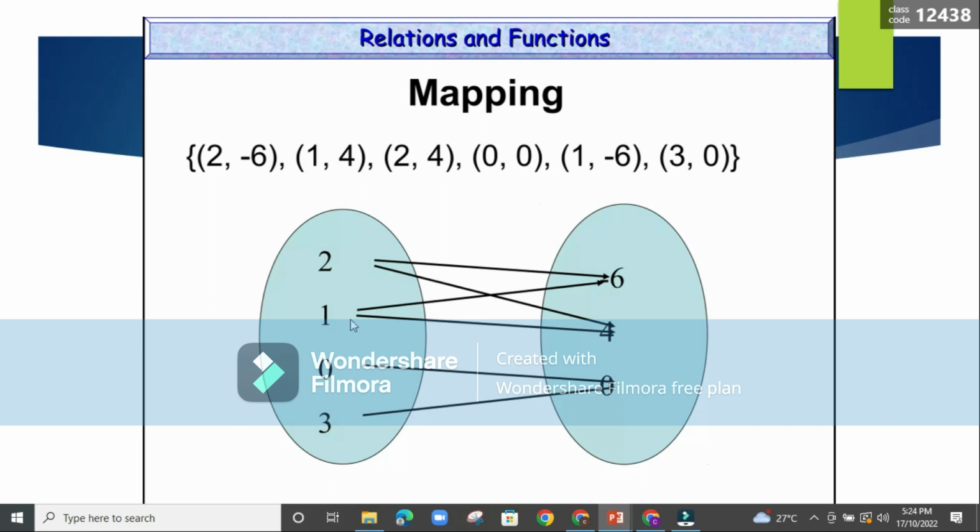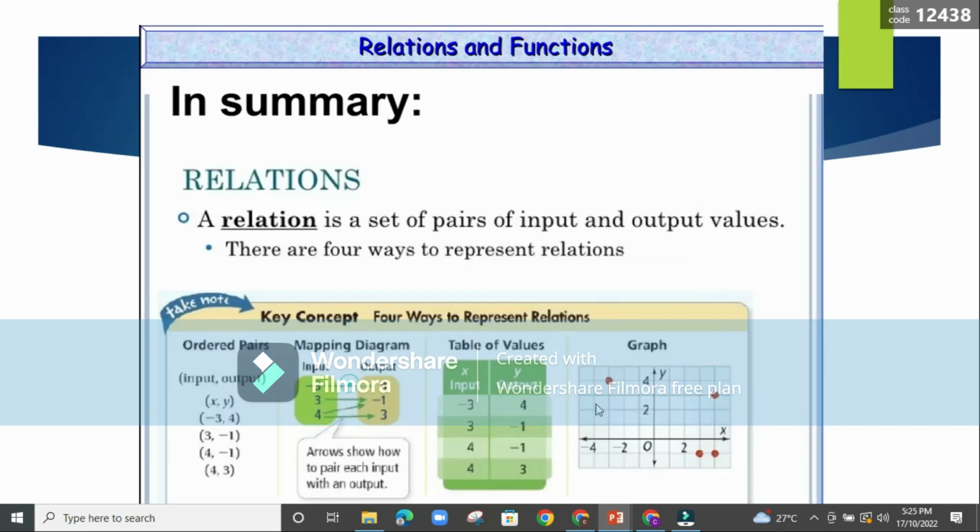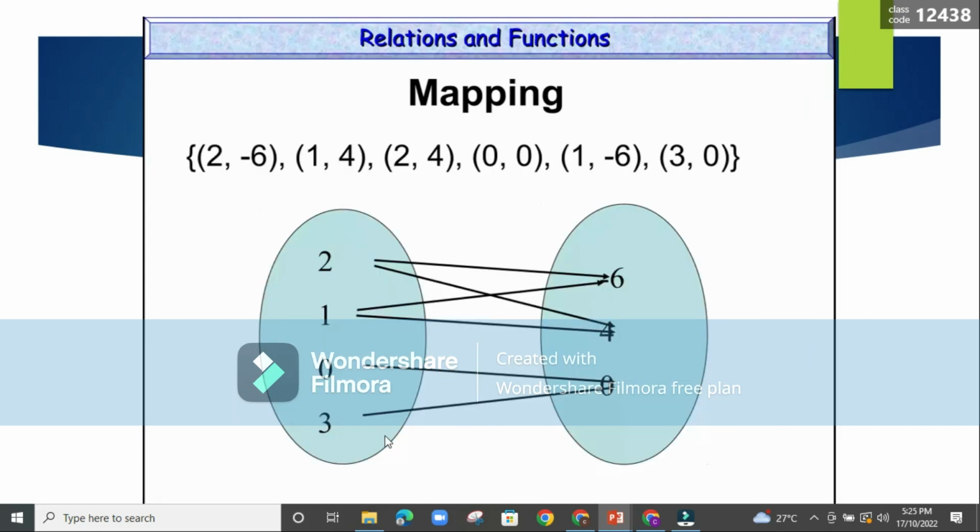So 1 goes to negative 6 and goes to positive 4. And 0 does not repeat, 0, 0. So you have 0, 0. Okay? Then 3 has y coordinate of 0. So you have 3, 0.